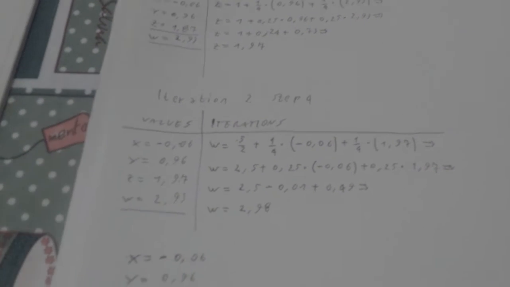Eventually you can go on and try yourself with iteration 3 and iteration 4 and iteration 5 and so on all over again. And eventually you're going to see that those values converge more and more precisely to the real solution.